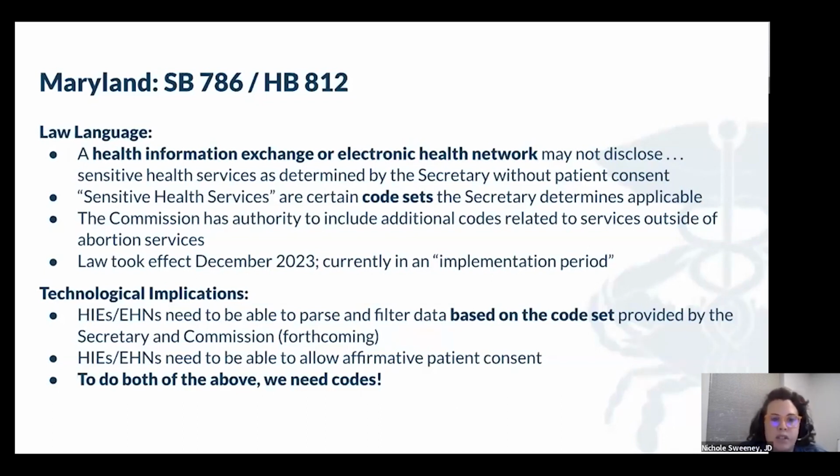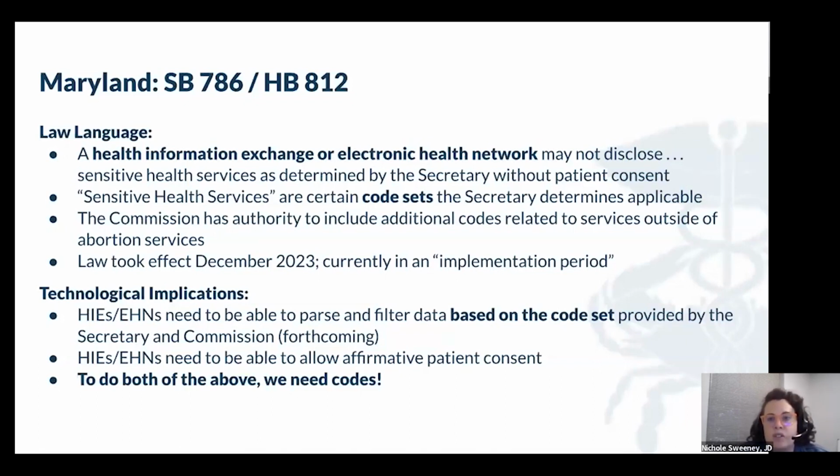So instead, the legislature decided to go, instead of just a general category of reproductive health, with a general category of sensitive health services, but defined those sensitive health services as certain code sets that they would specify.